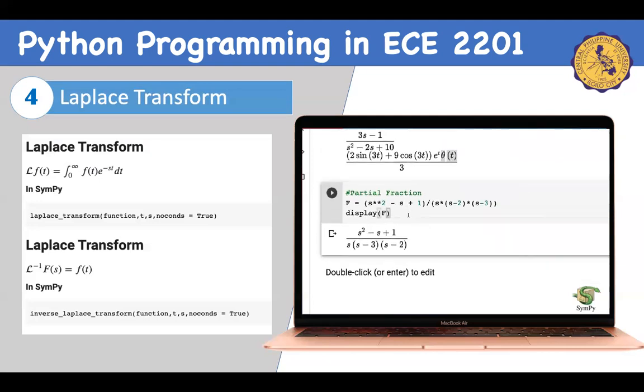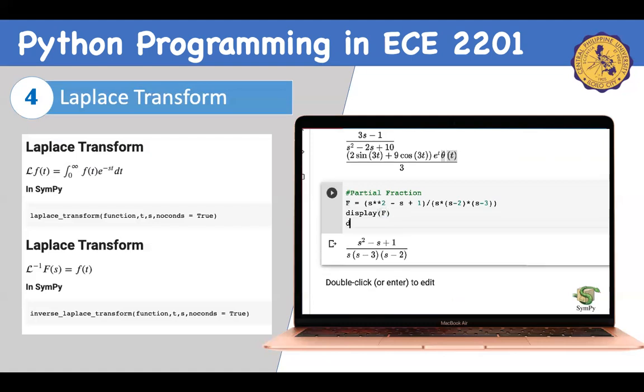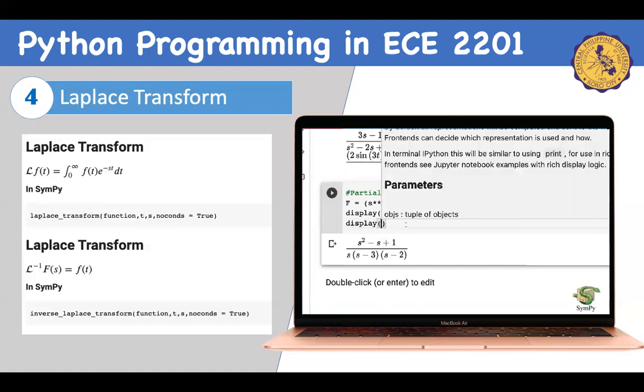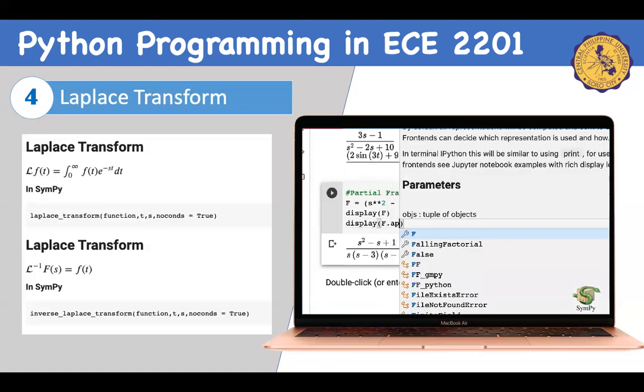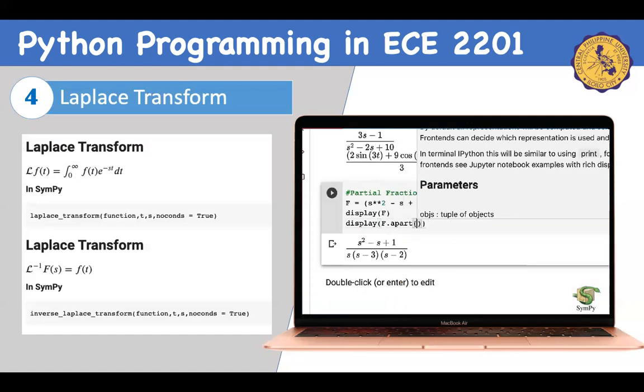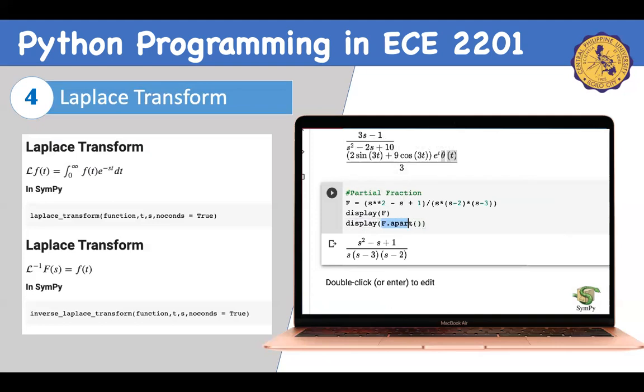Now we are going to resolve the partial fraction of this fraction. So instead, now we will be displaying f dot apart. Apart is actually converting a fraction into its component fractions. It will create partial fractions from the original fraction.